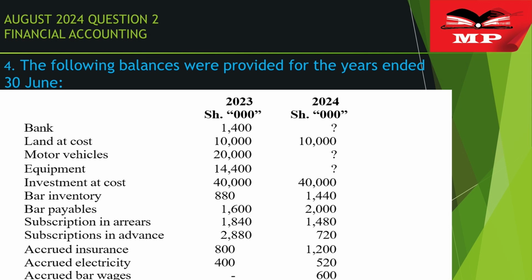We have accrued wages at the end, that is on June 2024. You can see accrued wages at the end there. Then do you have any other information?